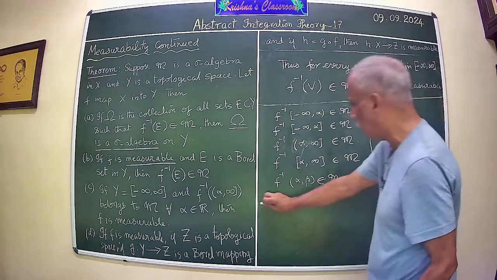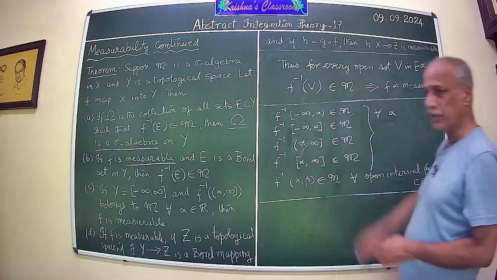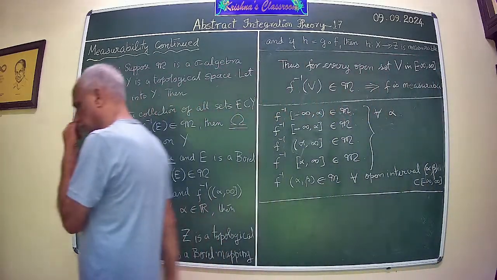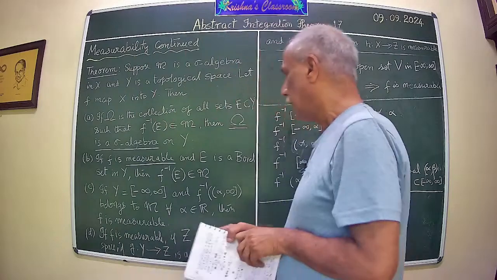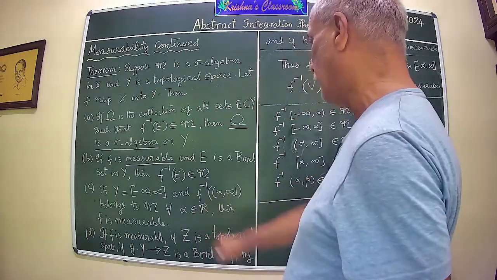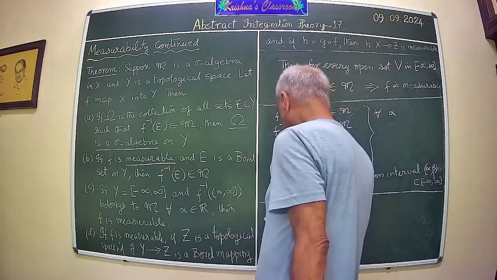Now these are all equivalent conditions. One can try to work out a proof for each one of these. Okay, so that completes that. Now it remains to prove the following. Okay, what is the fourth statement?